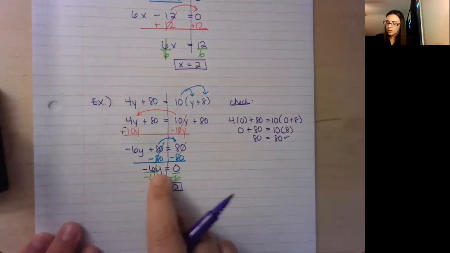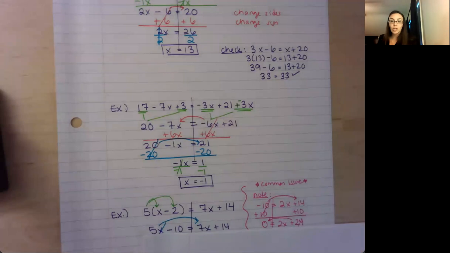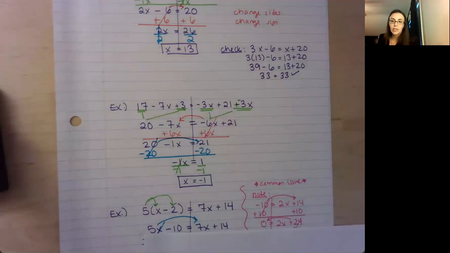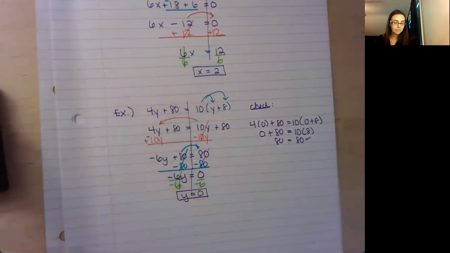But notice that when you were at that step, you had one thing equals 0. In the other example that I gave you before, you had 0 and you had two things on the other side. To get to the dividing step, you need to only have one thing on each side. So that's how we know that there was an error there, whereas here, 0 just happens to be the answer.